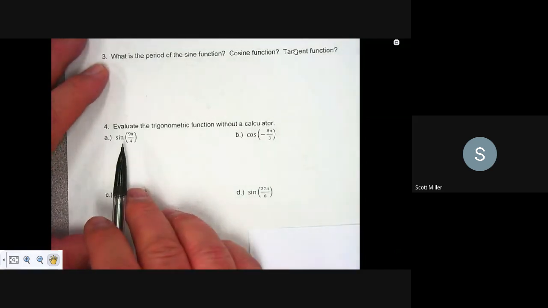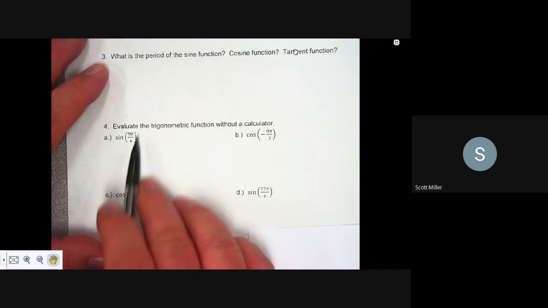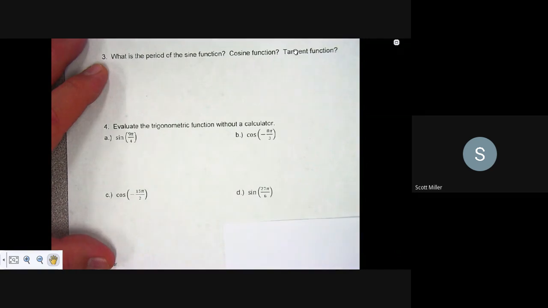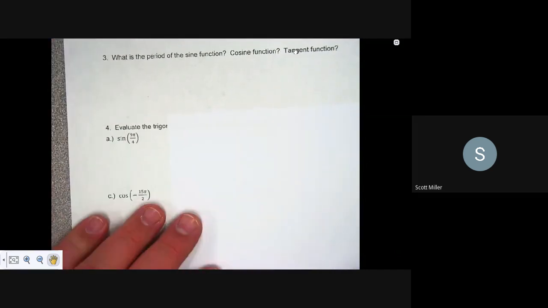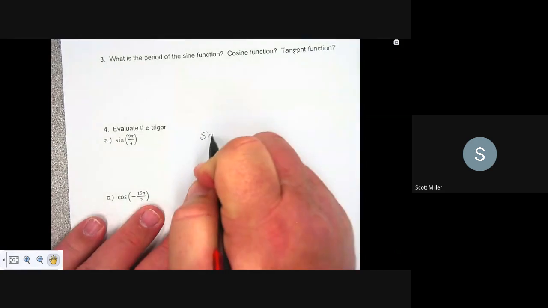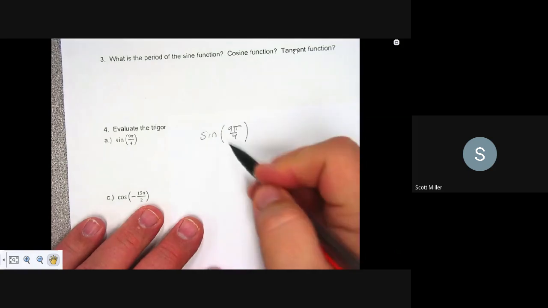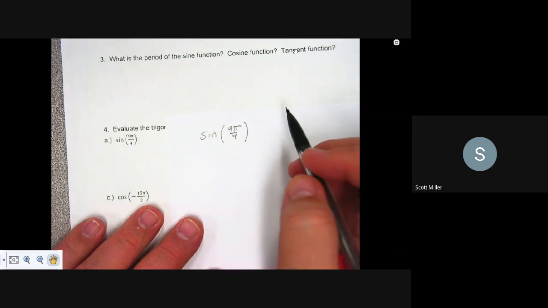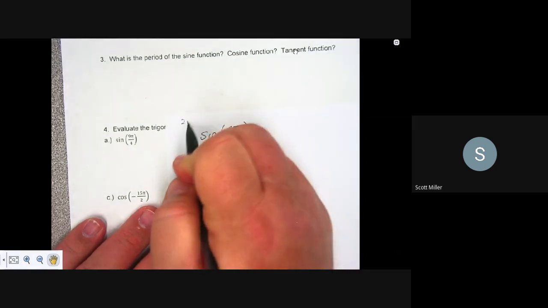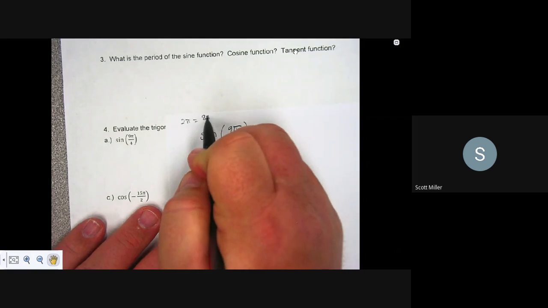With the idea of the periodic nature of things, let's look at what is the sine of 9 pi over 4. So this is the long way. We won't do it this way, but I'll show you how this all comes about. So 9 pi over 4. Again, think fractions. We know that 2 pi is the period, and 2 pi as a fraction is 8 pi over 4.